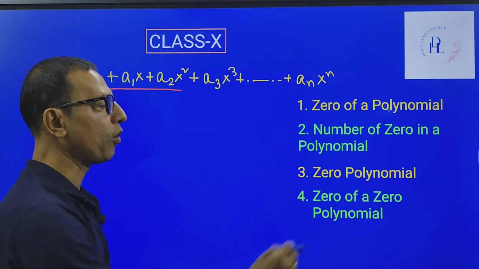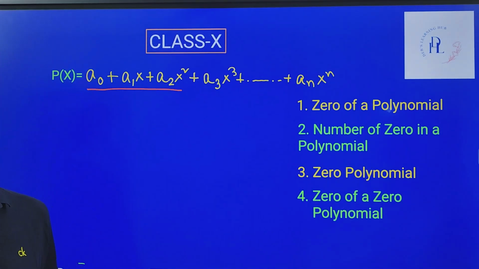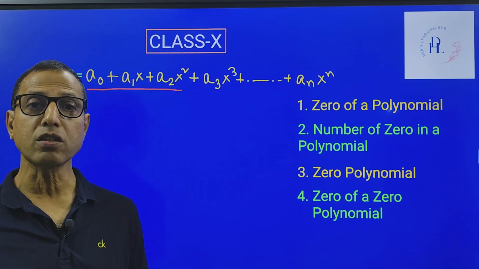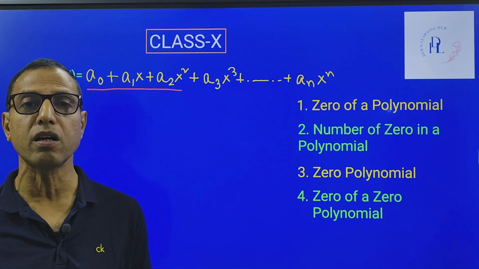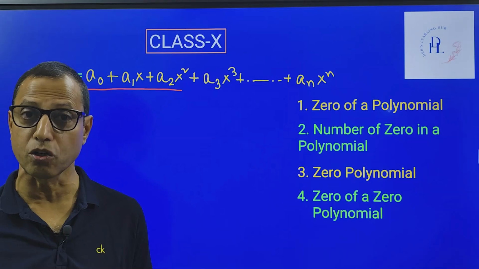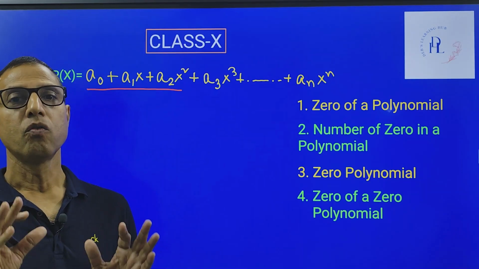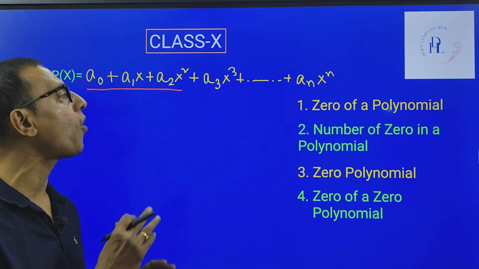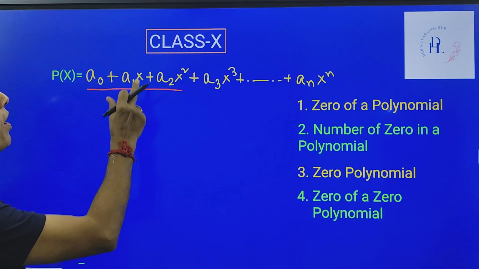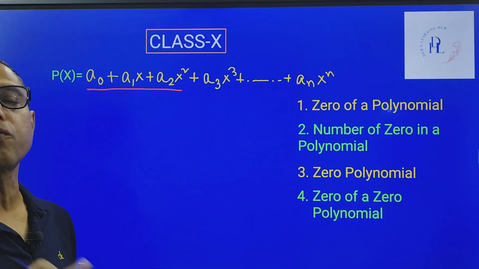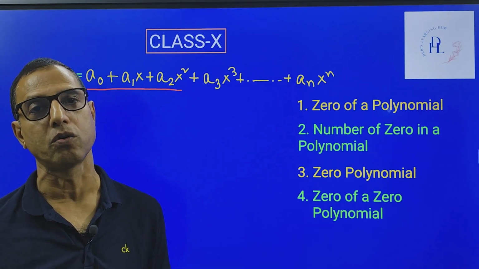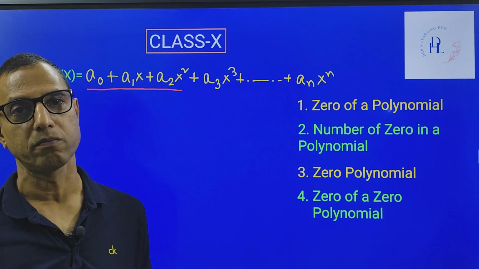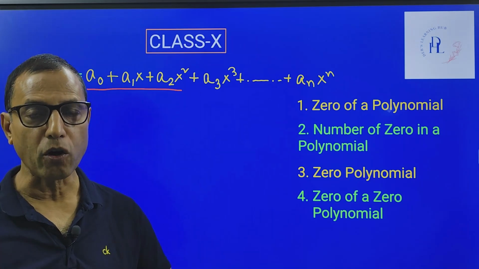Now zero polynomial. What is a zero polynomial? A zero polynomial means not the value of the variable for which the polynomial is 0. A zero polynomial means the value of the polynomial is 0 because all the coefficients a0, a1, a2, a3, all the coefficients are 0. That is what a zero polynomial is.